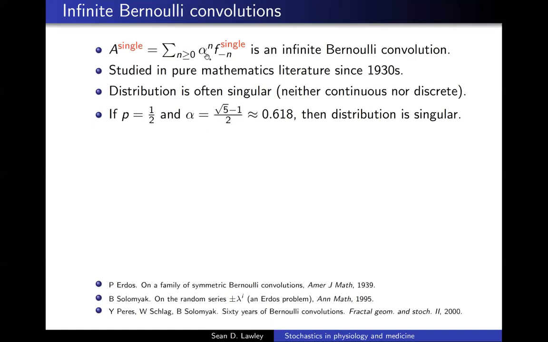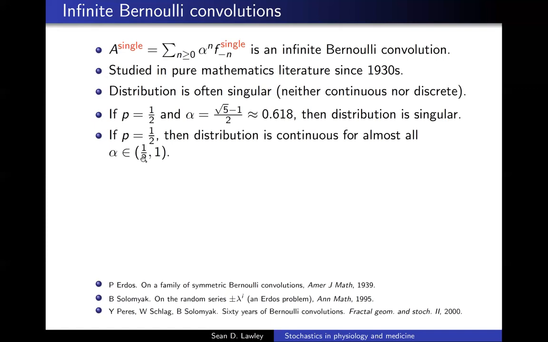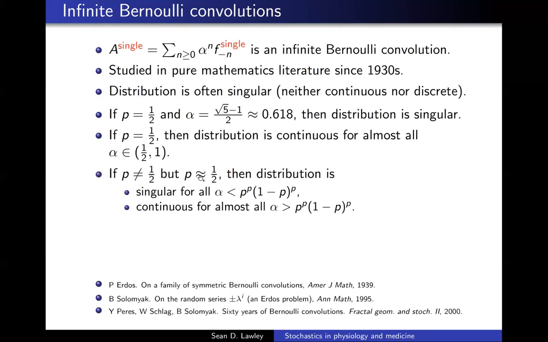Alpha is this decay rate. Okay, so in that particular case, the distribution is singular. If P is a half, but alpha is bigger than half, then the distribution is continuous for almost all alpha. Other statements: if P is not a half, but it's close to a half, then the distribution is either singular or continuous, depending on exactly what the alpha is.